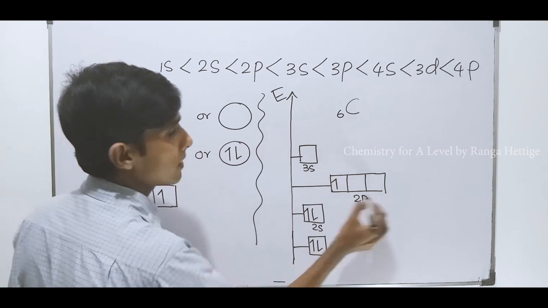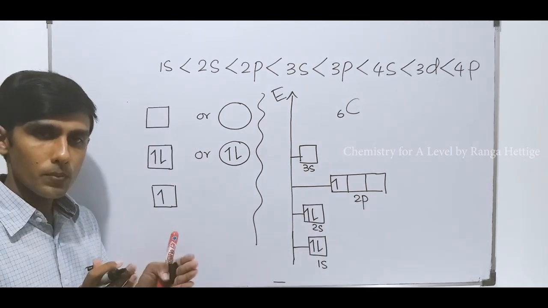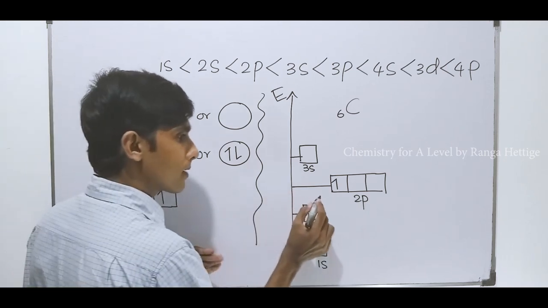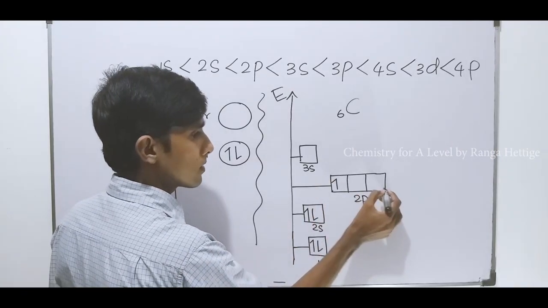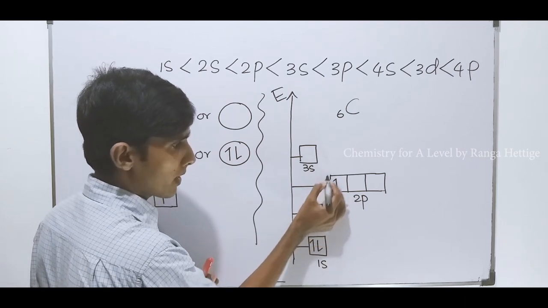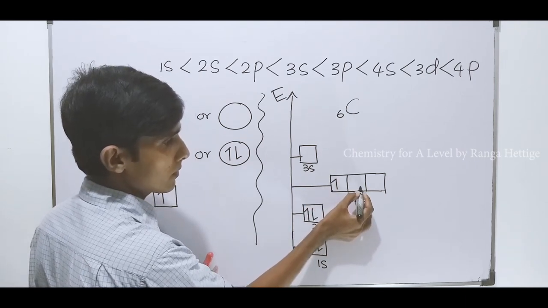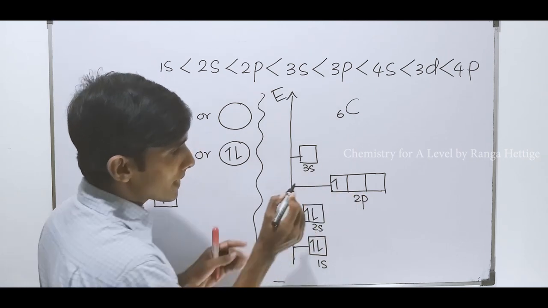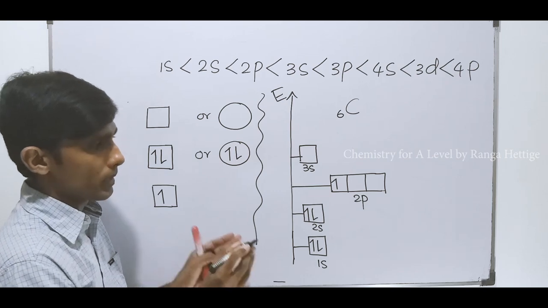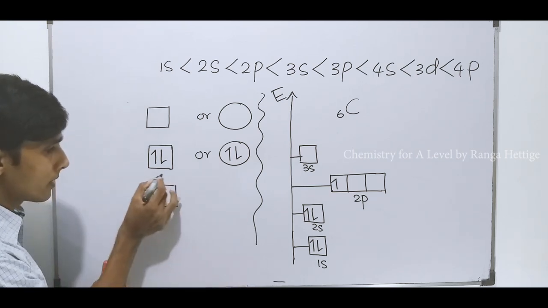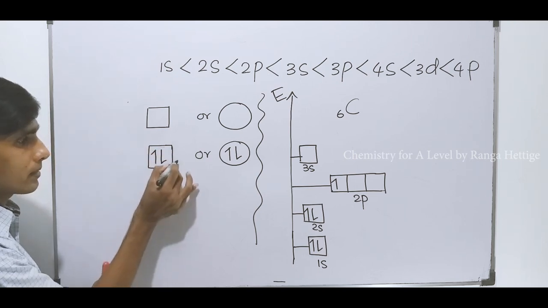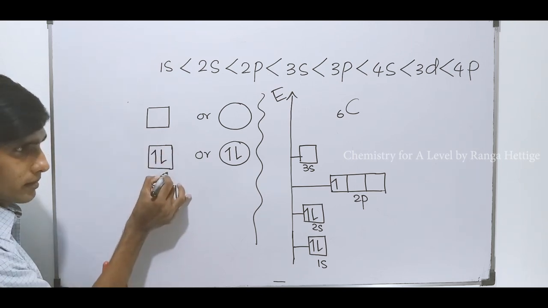Now in the 2p level you can see 3 orbitals with the same energy. When electrons are added to orbitals of equal energy, they are added one at a time, resulting in the maximum number of unpaired orbitals. Unpaired means an orbital with only 1 electron, paired means an orbital with 2 electrons.